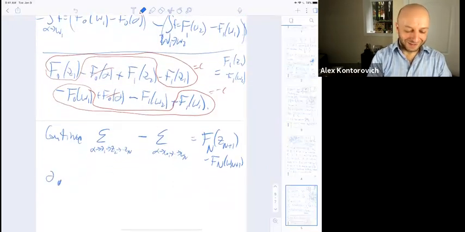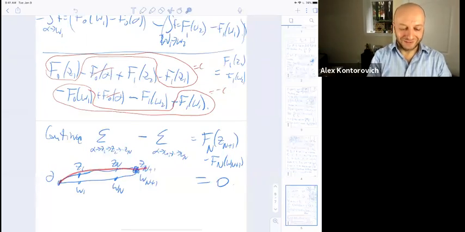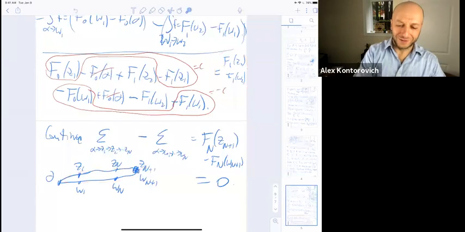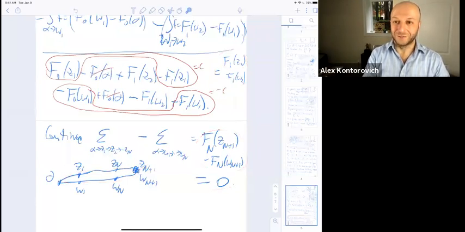But here's alpha, here's z1, here's zn, and here's w1, and here's wn, and z(n+1) and w(n+1) are the same point. So at the end, they come together again. When we added up all the segments, the error that we got, the cohomology, was this F1 of w2 minus F1 of z2. And at the end, they come back together. And so the total error is 0.